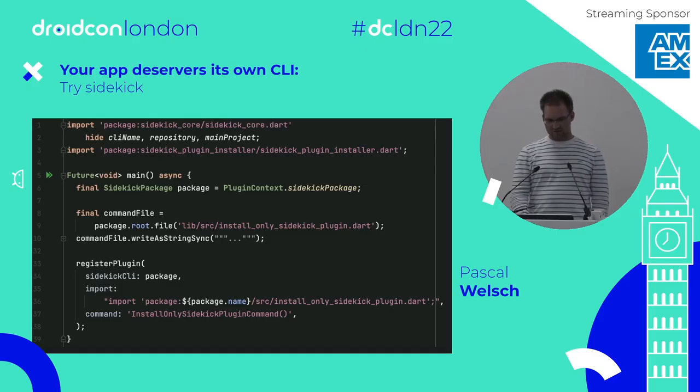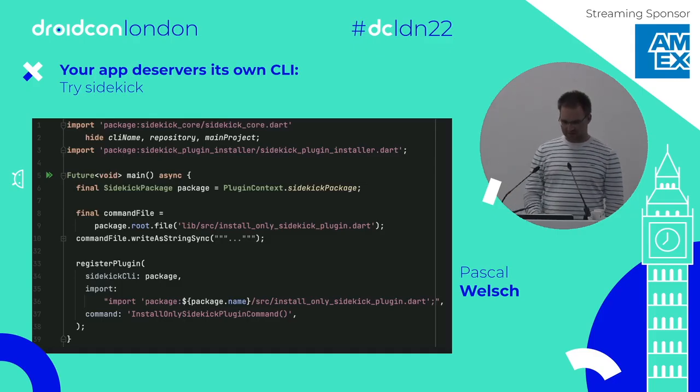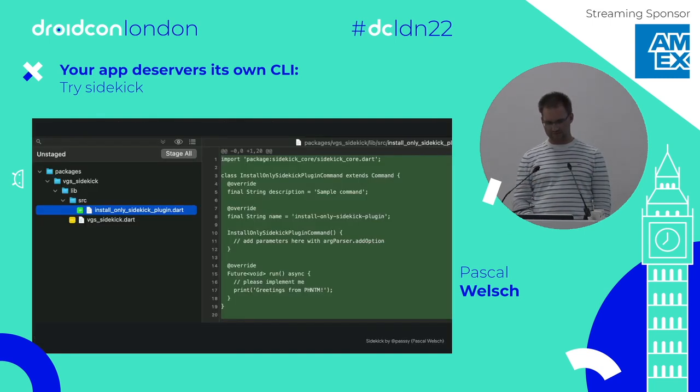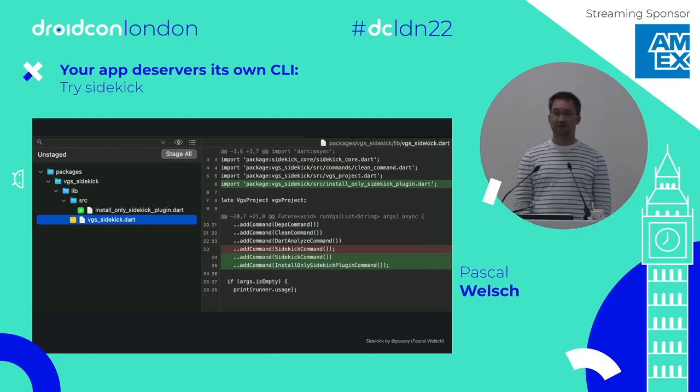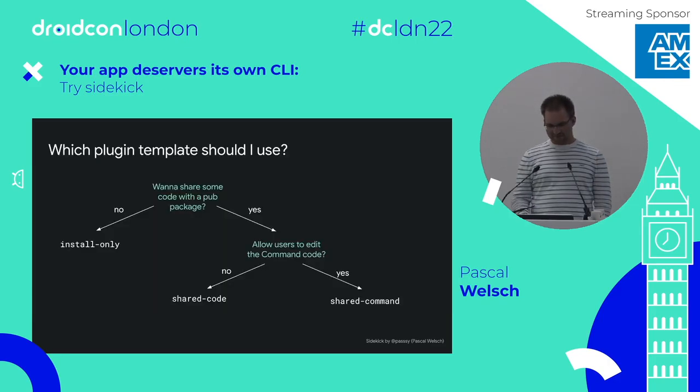The install only sidekick plugin command, very good name, is placed in that file that we write on the top, and it looks like this. These are the only files that are installed, so we write that file, and at the bottom we register that line. It was done with the analyzer, and it was a lot of fun to actually use the analyzer to do that. Definitely check out the code.